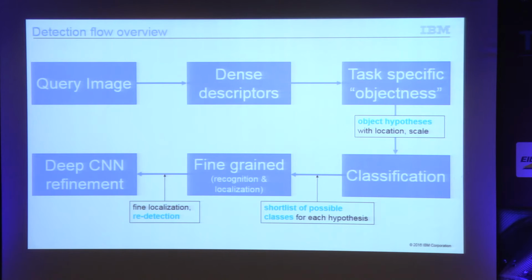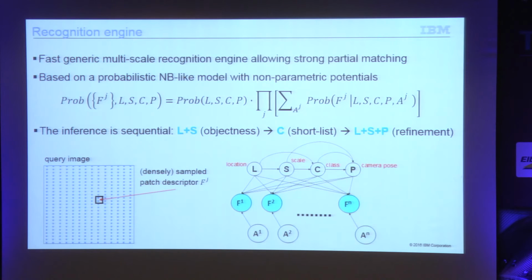And finally, we have an additional step of deep CNN refinement, where we produce better fine-grained classification results, because, for instance, in the retail domain, the problem is inherently fine-grained. You have a lot of products which are very similar to one another, like different kinds of shampoo from the same brand and so on.